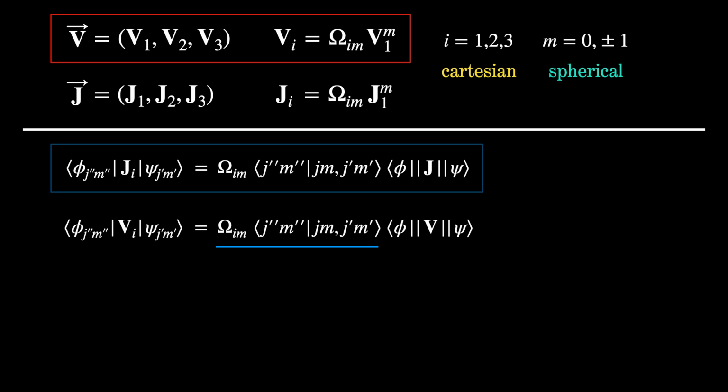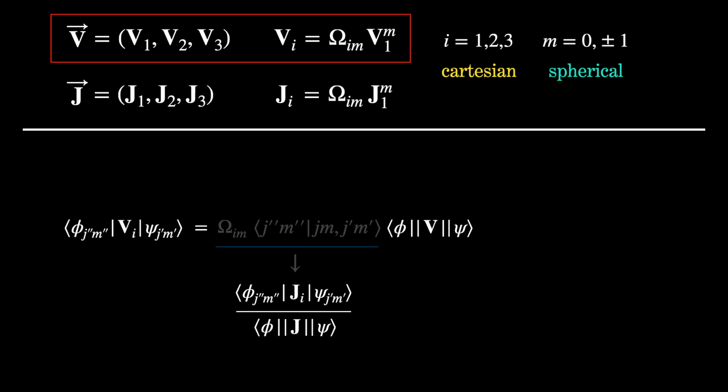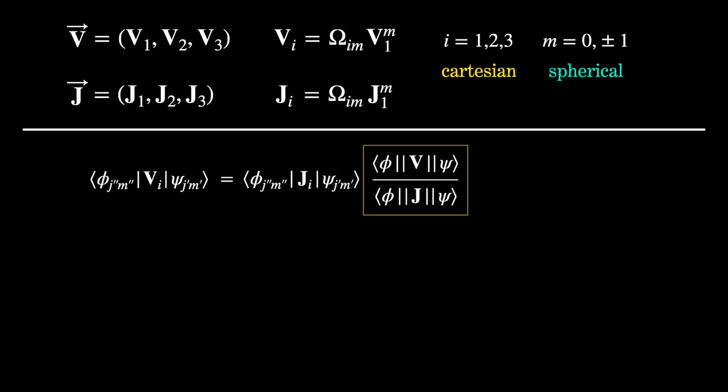Looking at this term in front, which is a generic, rotationally dependent term, and comparing with the result in the blue box, we have this term in the yellow box that just contains all the other details about the states and operators in the matrix element that are rotationally invariant, which leads us to this remarkable result.